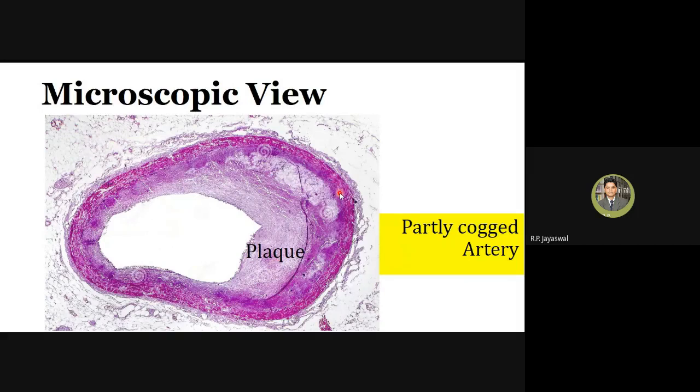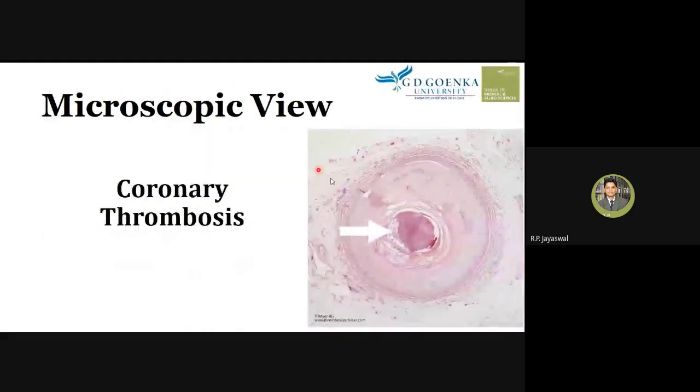Now the microscopic view of coronary thrombosis: we can see the thrombus which has obstructed the entire coronary artery lumen, right? There is plaque formation in the periphery, and here you can see the thrombus formation. So thrombosis may occur following plaque formation.